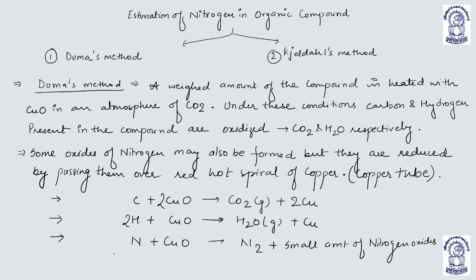These oxides of nitrogen, when passed over the red hot copper spiral, are reduced and only nitrogen gas is released, whereas the oxygen component is taken up by the copper to form copper oxide. Understood?